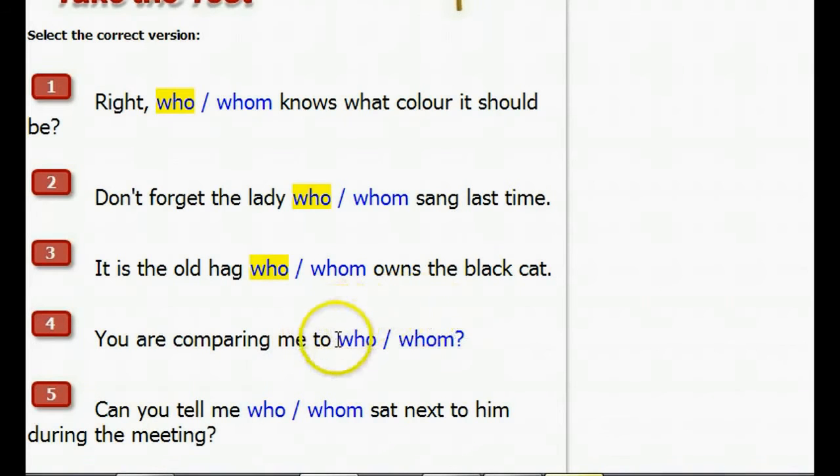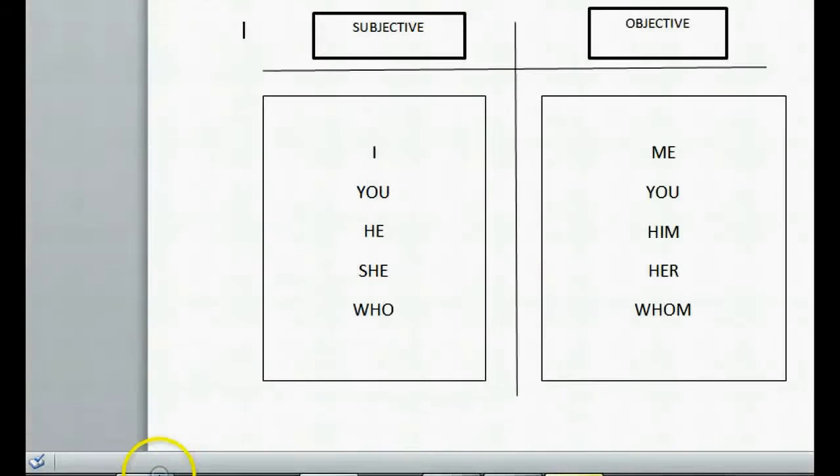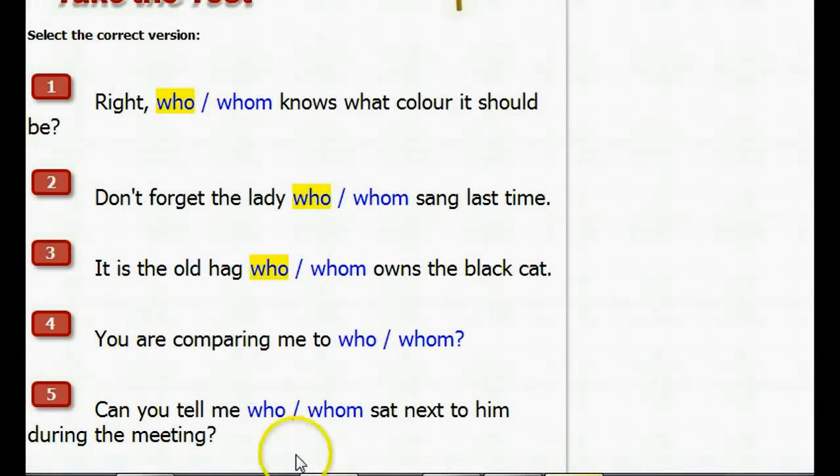So one of these has got to be the object of the preposition to. Well, if we look back at our chart, if it has to be an object, then it's going to have to be whom, correct? Okay, so you are comparing me to whom?